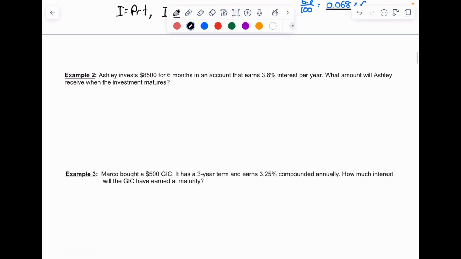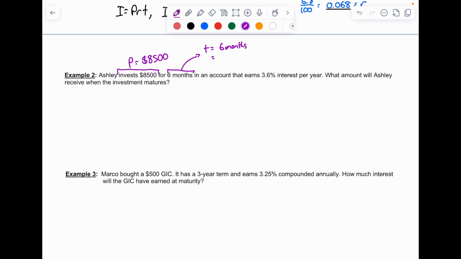All right, example 2. Let's try it again. Ashley invests $8,500 for 6 months. Well, here we go. Invest $8,500, there is your principal. Your P is $8,500 for 6 months. Okay, well, this tells you your T is equal to 6 months. But again, we need that in years.